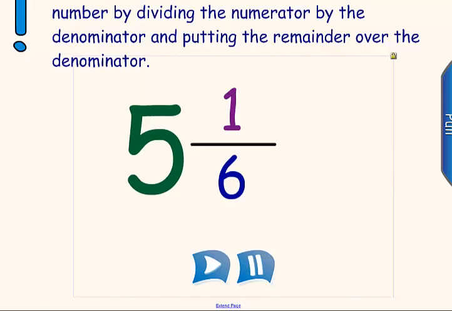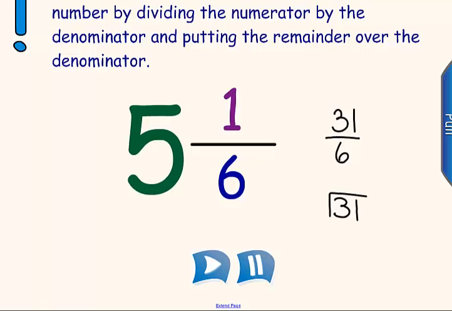So let me write that out just a little bit better. We had 31/6. So we're going to take 31 parts and divide them into groups of 6. 6 goes into 31 5 times. 6 times 5 is 30, with 1 left over.